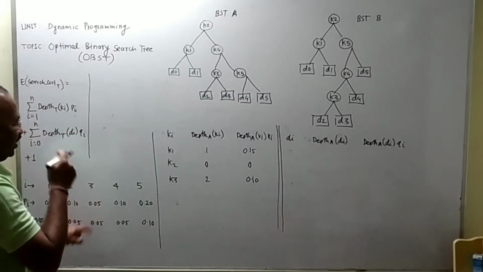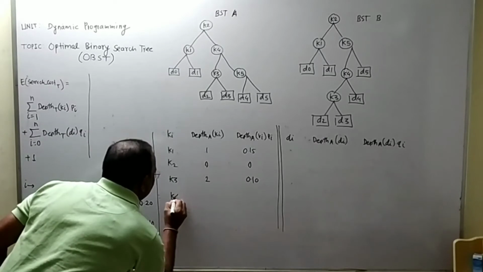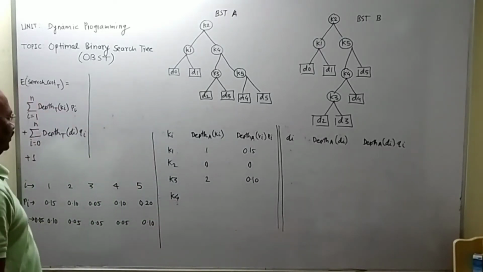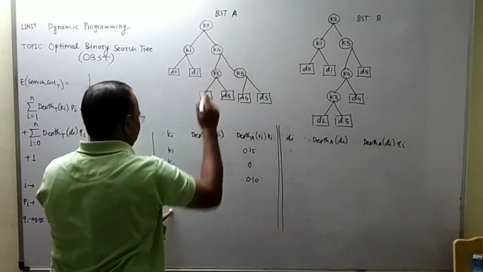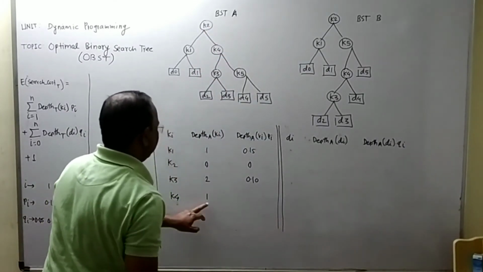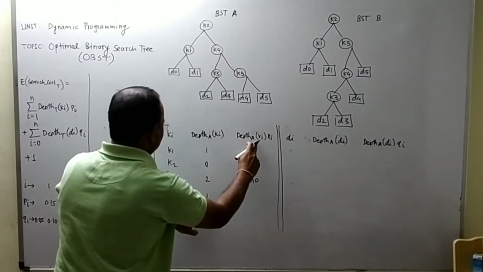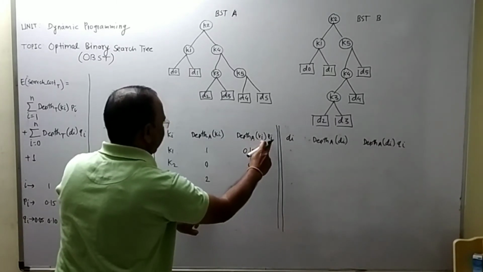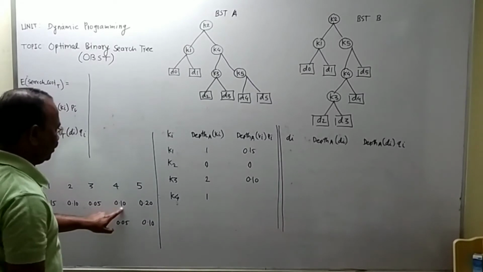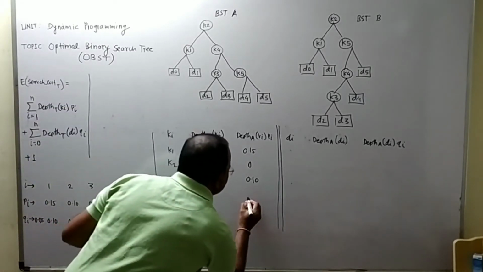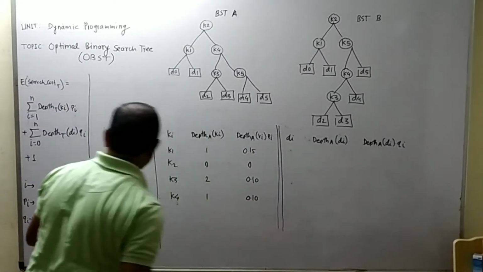Now then K4. The depth of K4 is 0, 1, which means 1, and multiply this with the probability of K4. The probability of K4 is 0.10 into 1, we get 0.10.